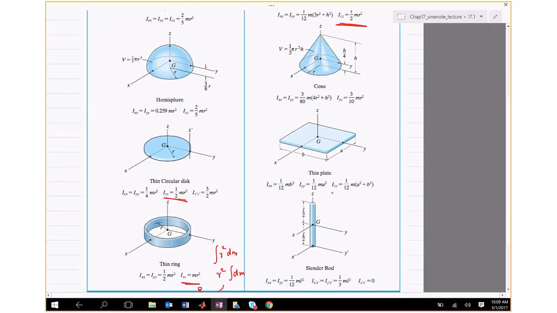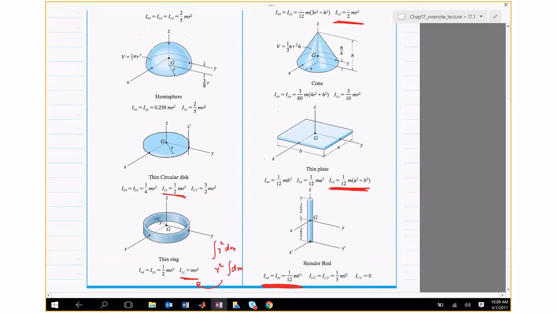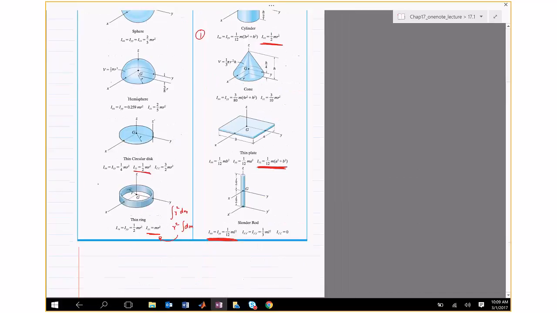This one will show up in the problems: I about z for a plate, and then the inertia of a rod. This one.